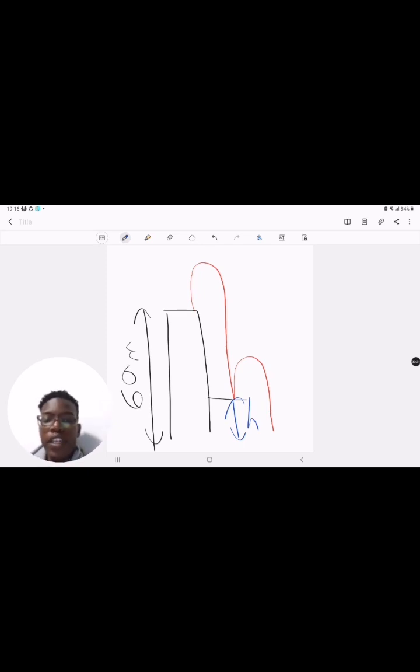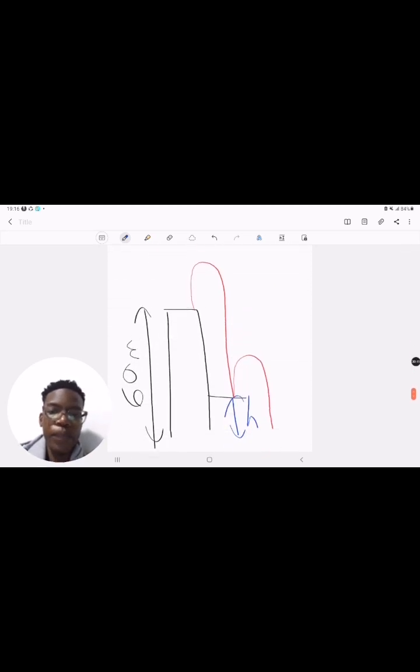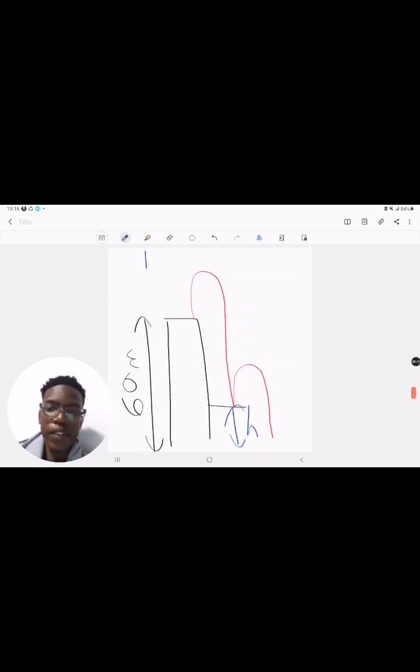Well, firstly, here's what I know. I know that the height of the balcony above the ground, this height, is equal to the height of the building minus whatever the height is there. Let me explain this.